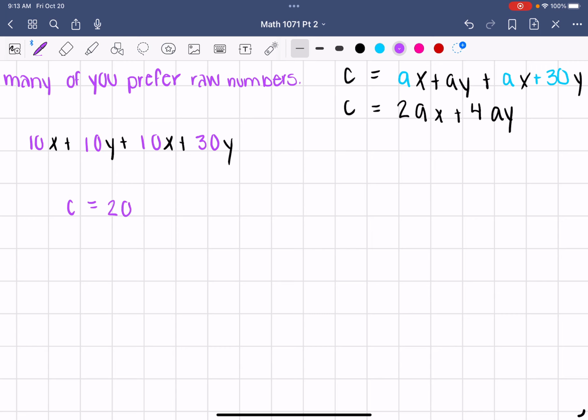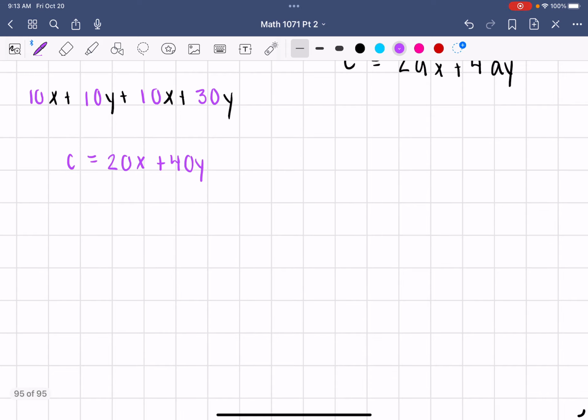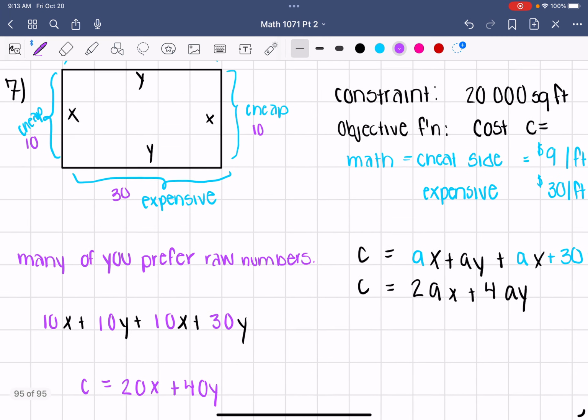And so now let's continue as before. We want to take a derivative and set it equal to 0 because something is optimized at a critical point. But in order to take the derivative, we've got to eliminate y. How can we eliminate y? Well, we're told that you must enclose your constraint. You must enclose 20,000.